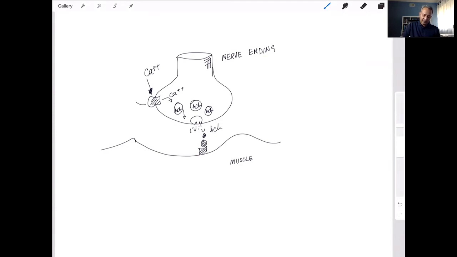Antibodies are produced when the patient is suffering from small cell carcinoma, and these antibodies attach to the calcium channels, and an autoimmune reaction occurs and the calcium channels are destroyed. Once the calcium channels are destroyed, calcium does not come into the presynaptic nerve endings. That causes reduction in acetylcholine release, that causes weakness.